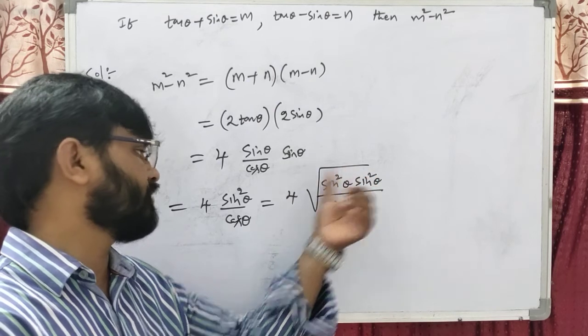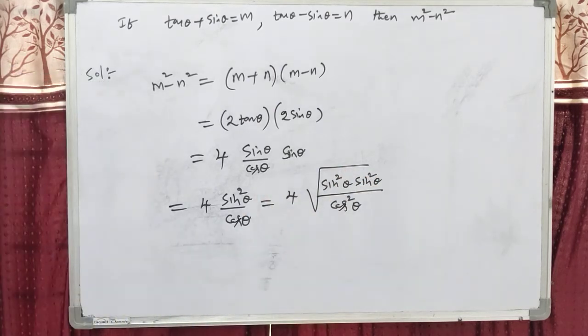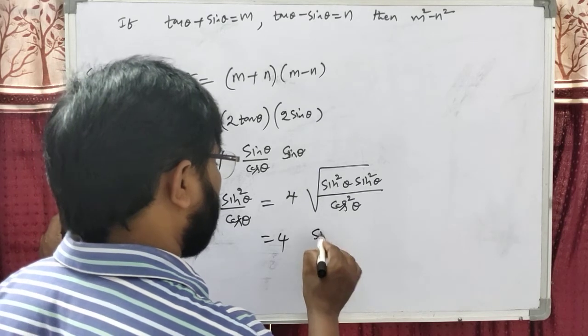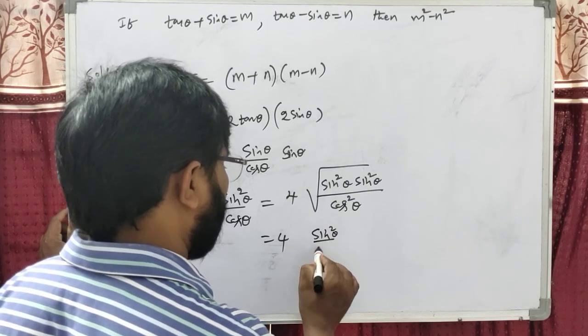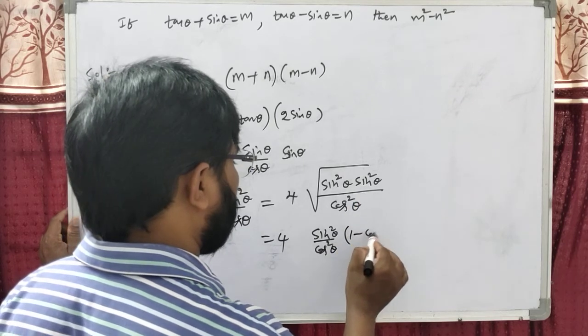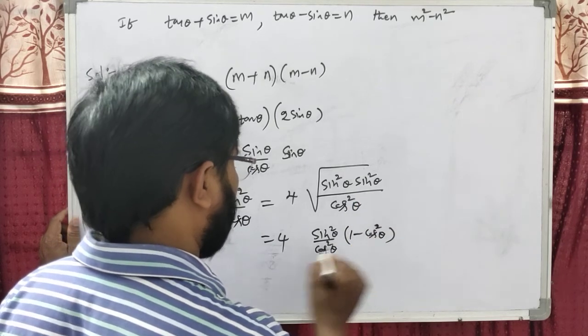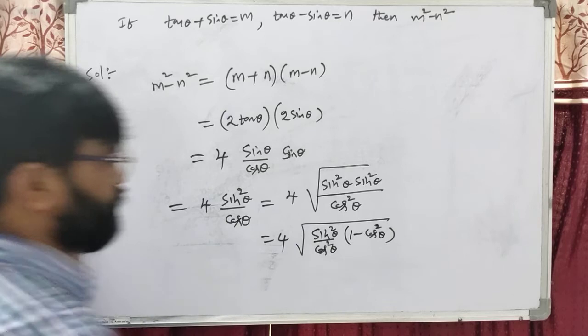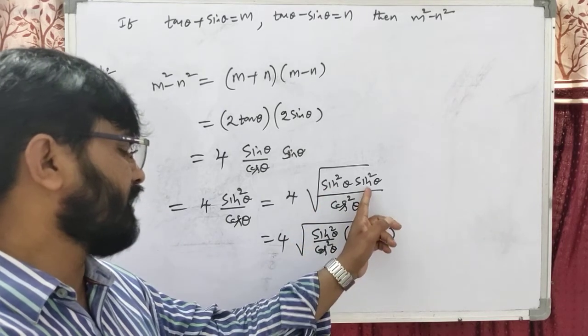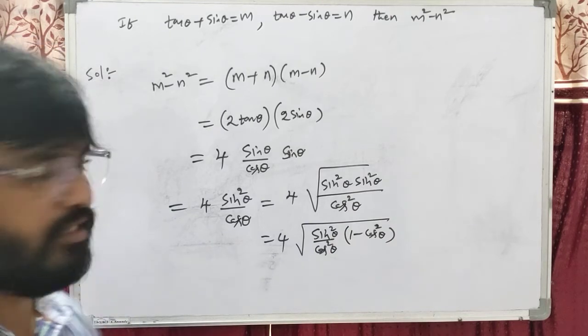The square root of sin power 4 is sin square. Dear students, we can write under root of sin square theta by cos square theta. Here sin square theta is 1 minus cos square theta, so we write sin square by cos square where the sin square is 1 minus cos square.